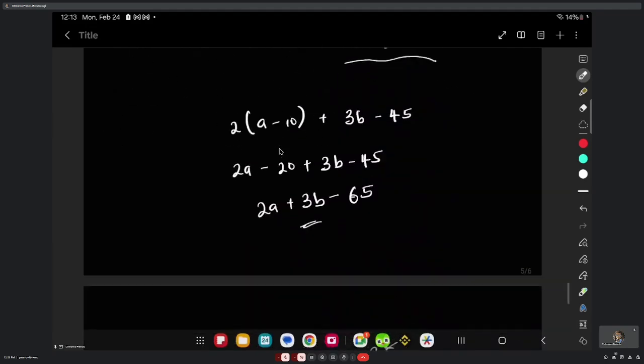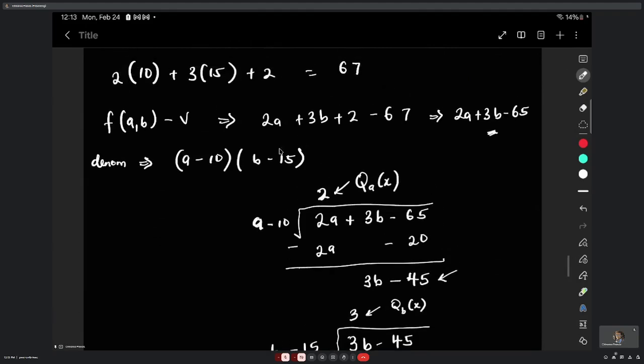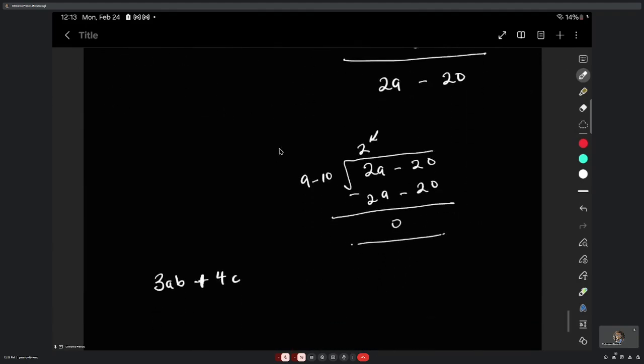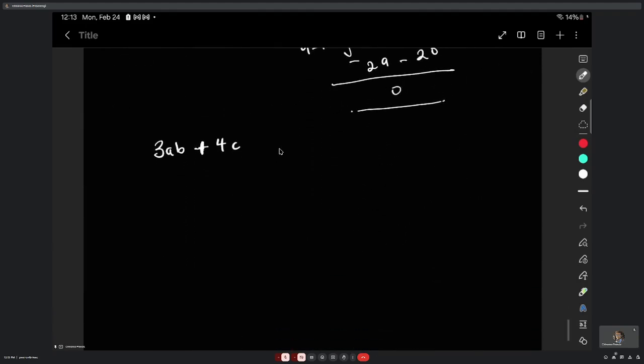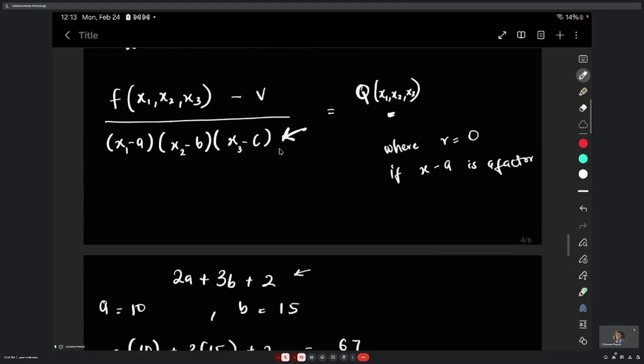So this is A minus 10 and B minus 15. Based on mathematics, it should actually be the same thing, multiplying this through.